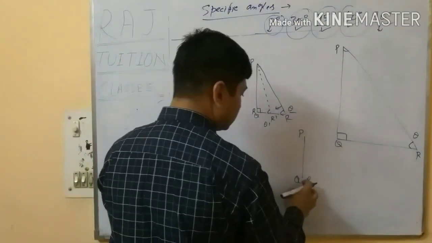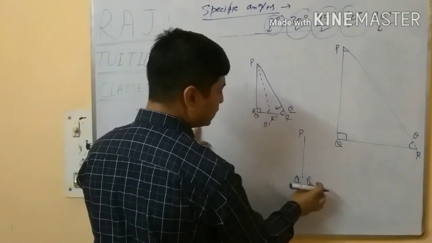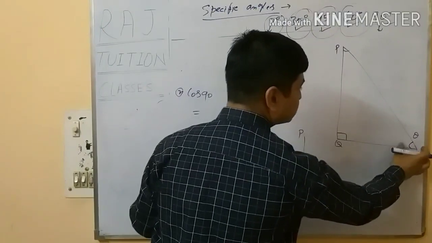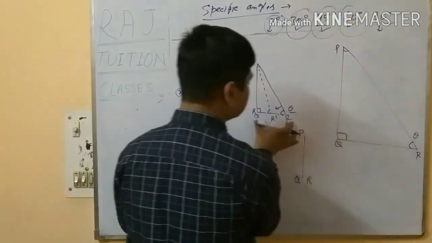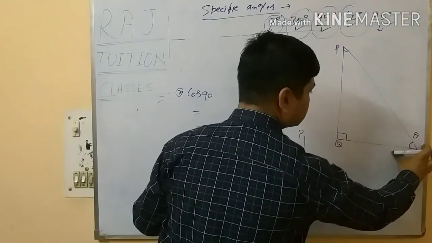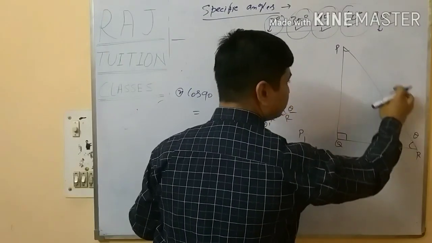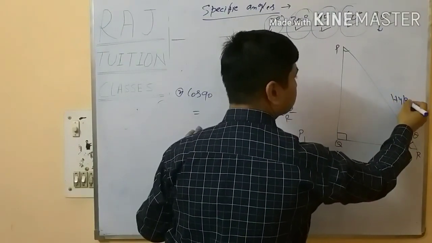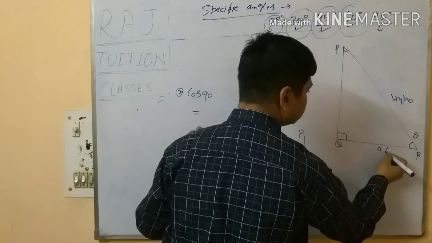So side adjacent to angle R. Look at this diagram. This one is the hypotenuse, so the adjacent one is this.